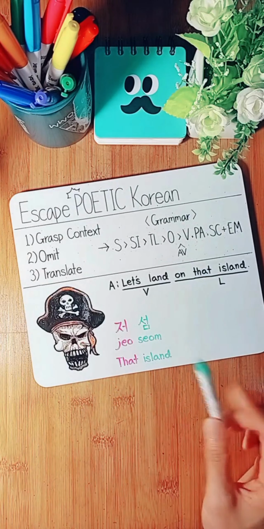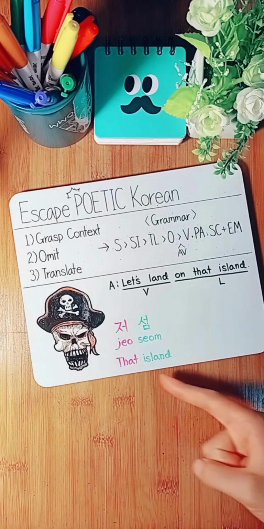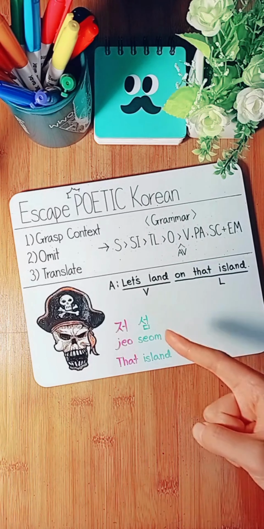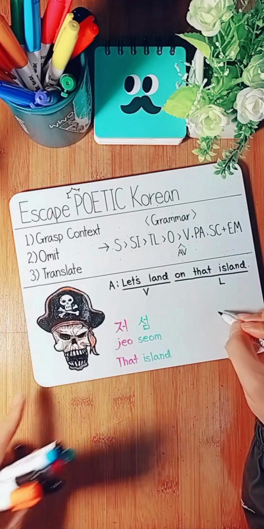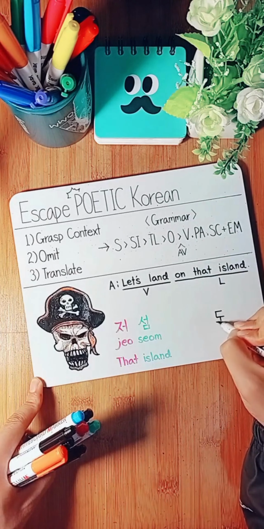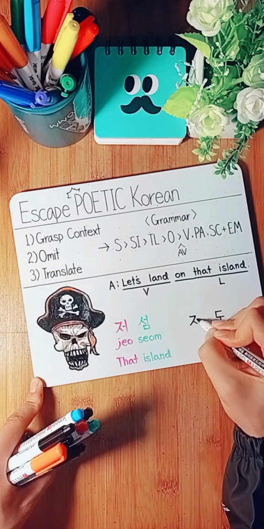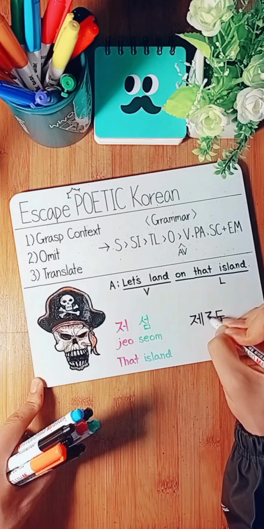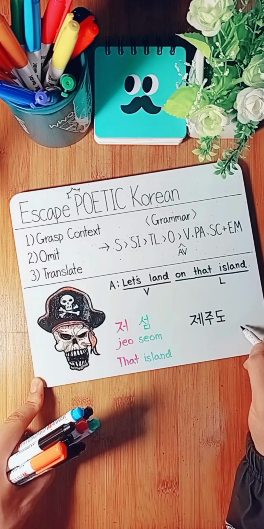that island. Okay, so speaking of island, this is a little bit off topic. It's not as important, but now when you're saying island, when the word island is attached to a name of the island, then it's going to be 도. 도 will play the role of island if you're talking about an island specifically with its name, 제주도, Jeju Island.